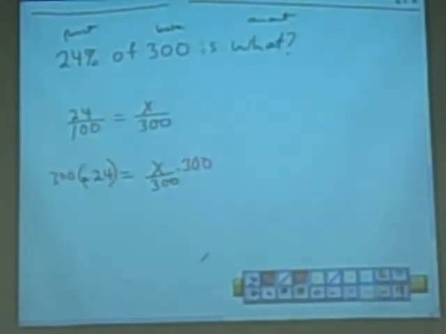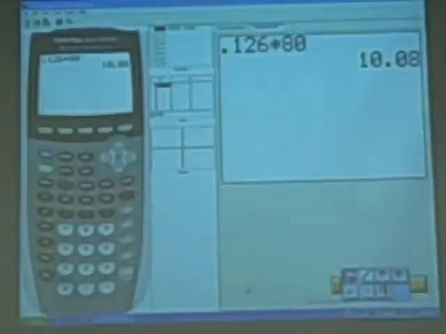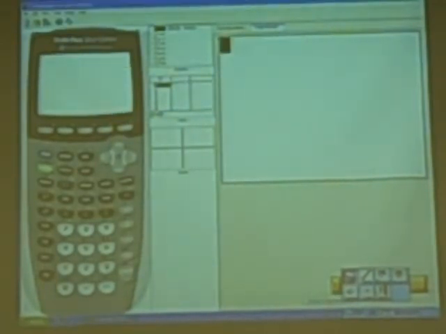And so we've got 300 times 0.24. Let's see what that looks like on the calculator. We've got 300 times 0.24. And we get 72.